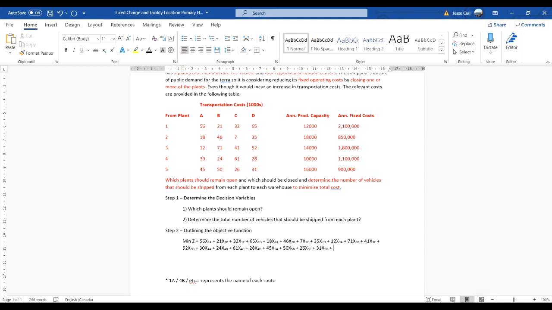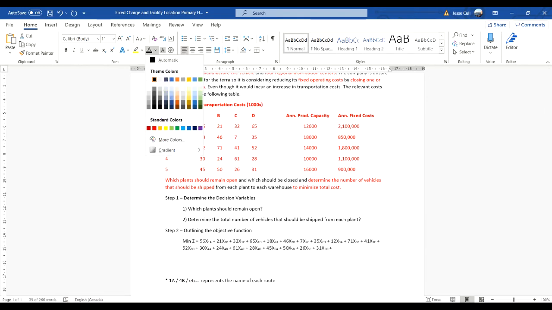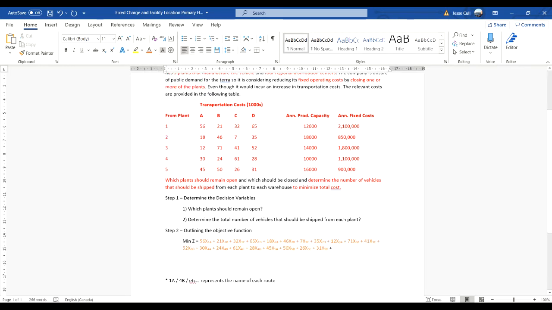However, if we look up here, we want to minimize total cost. This represents variable cost. So we'll come down here and we'll say star star, they're variable because they change depending on what routes are chosen.